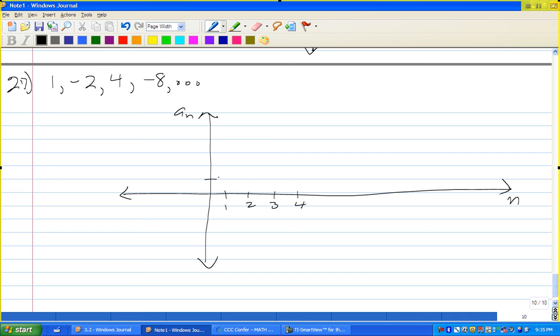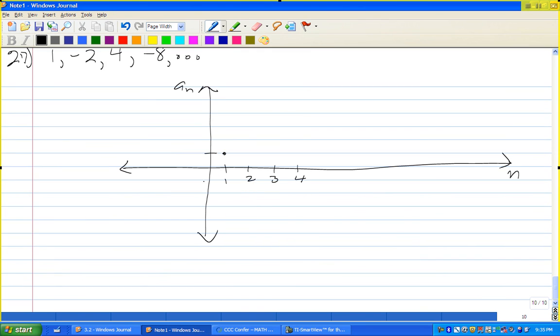So at 1, it's 1. At 2, it's negative 2. At 3, it's 4.